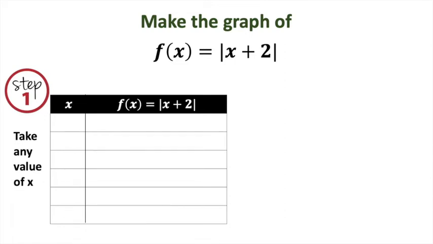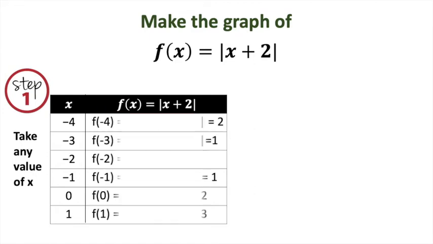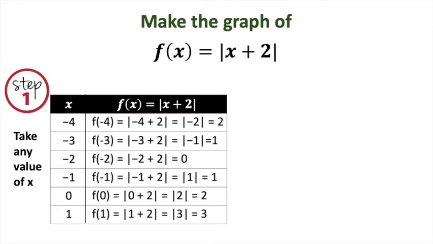In this case, I will start from negative 4. Now, let's substitute the value of x into the given function. And after we substitute the values of x one by one, we will have these values.